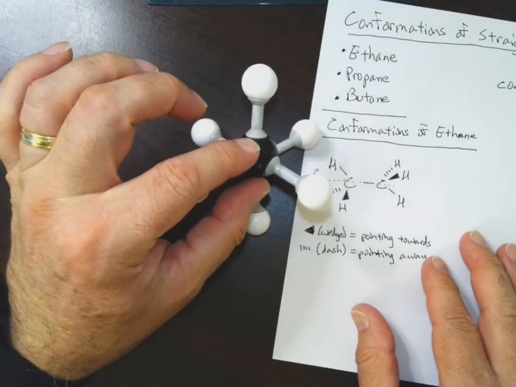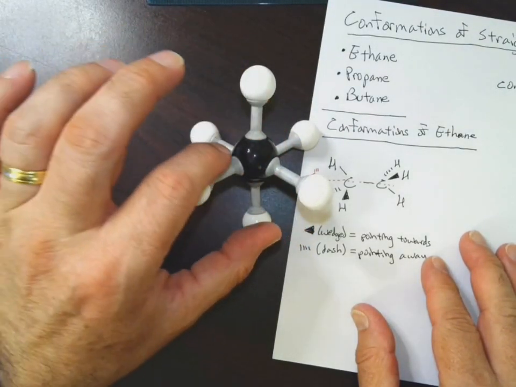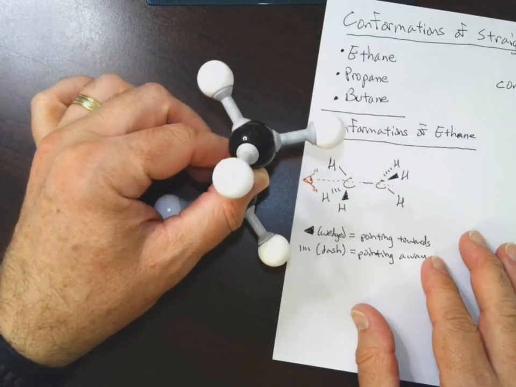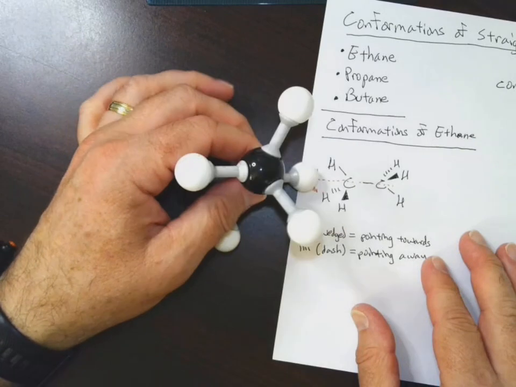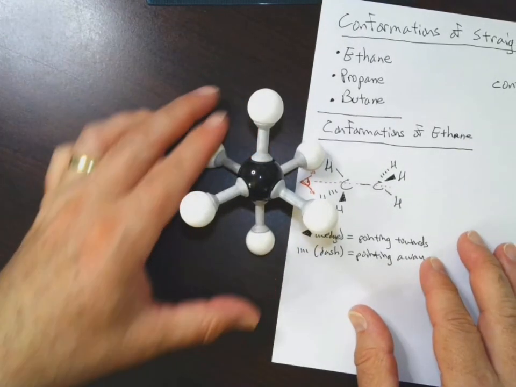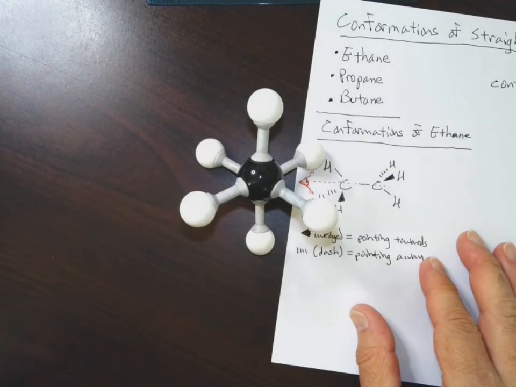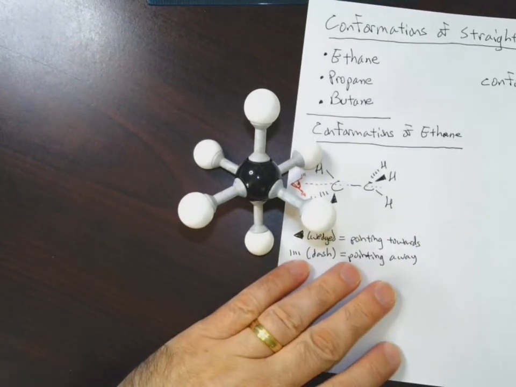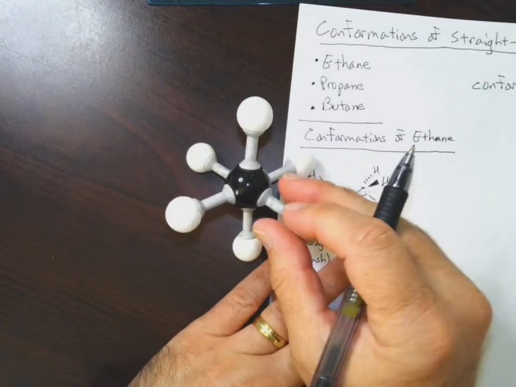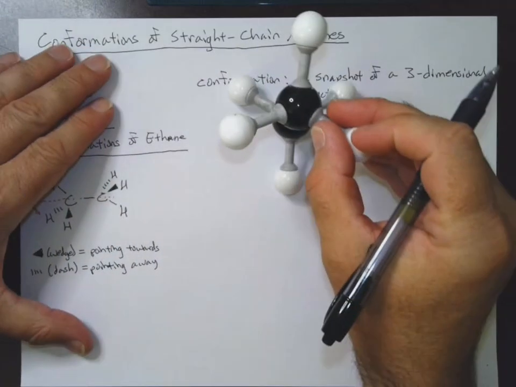So it looks like I've got my front carbon, and I've got three things, and it looks like they're separated by 120 degrees. Now, of course, in reality, the bond angle is 109.5, but because we're looking at it from one end, it looks more triangular. So I can draw this. And I'm going to draw it using something called a Newman projection, which you guys encountered in lab.